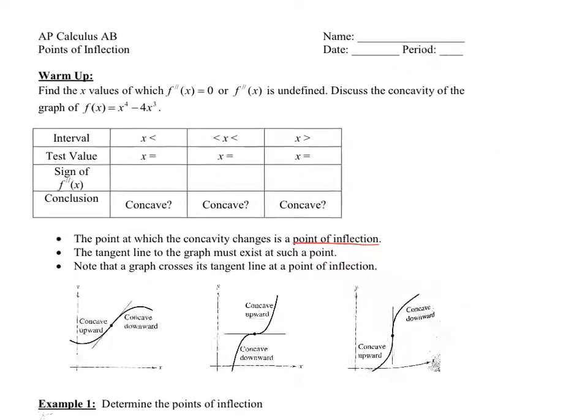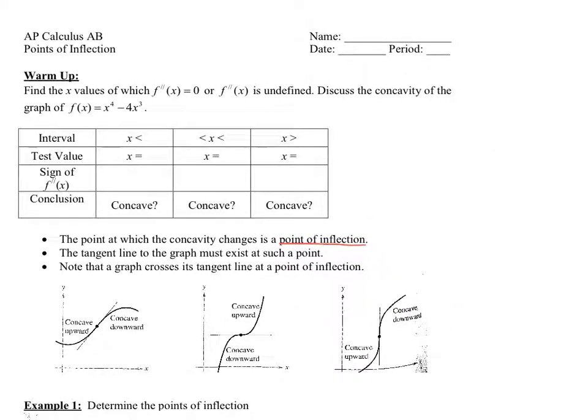Now, you can see a picture down here before we do this example, where we have a point where it changes from being concave up to being concave down. You know how we said that at some points, like the plateau points we saw before, the tangent line actually goes through the graph?